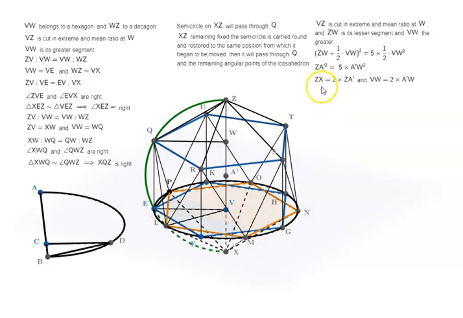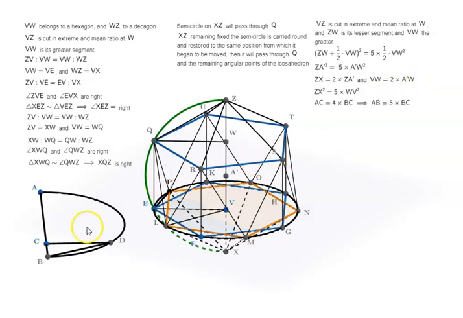So that means ZX is equal to 2 times ZA prime, and VW is equal to 2 times A prime W. So that means ZX square is equal to 5 times WV square, because these are nothing but multiples of ZA prime and A prime W.